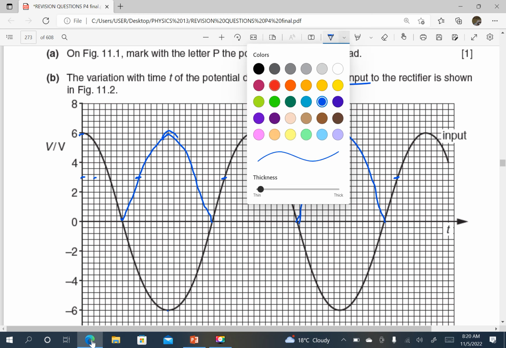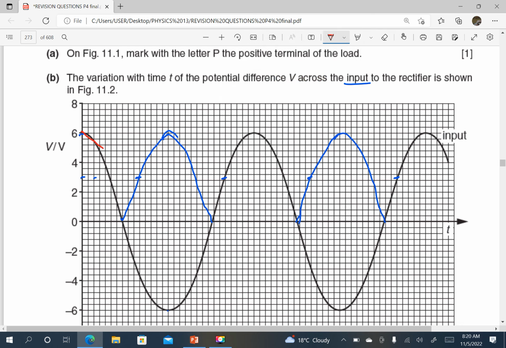I will change the color. So for smoothing, I will draw a line showing discharging of the capacitor from the peak. So I will draw a line up to 3 volts. That is inside. I need a line which is outside. It is just on the peak.